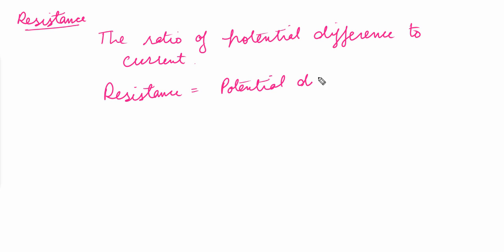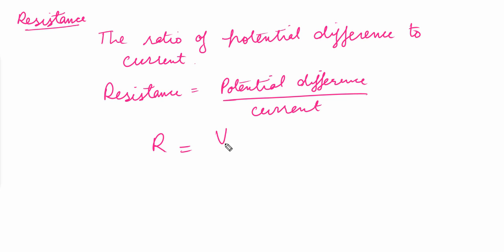You can also say the voltage, I'm just writing it as the potential difference. So we can say that R equals V over I is resistance. R is representing the resistance, V is the potential difference, and I is being represented by current.